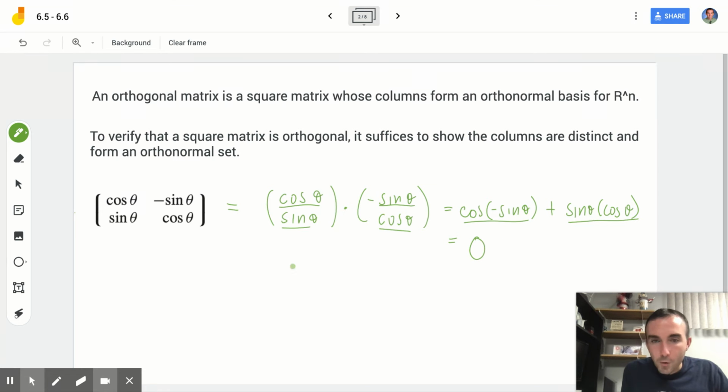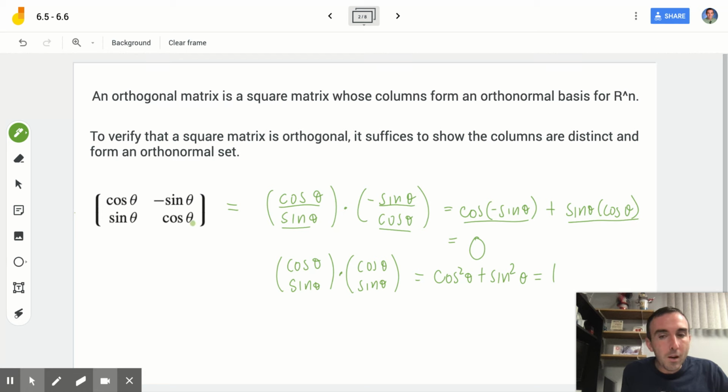Also, if we multiply each column by itself, to take a look at the norm, I have cosine theta, sine theta times cosine theta, sine theta. If I find that dot product, I get cosine squared theta plus sine squared theta, which we know by identity is 1.